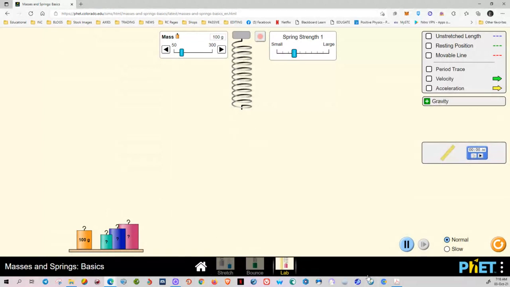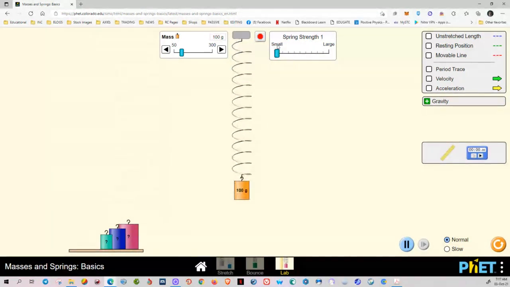Basically, we are going to hang a mass on our spring. You can adjust the spring length, strength. The spring strength basically is the K, the spring constant. But here the value is not given, so I will suggest to make it small here at the top, because if you have the spring strength small, the vibration is much slower.